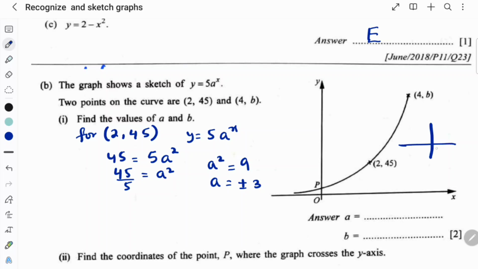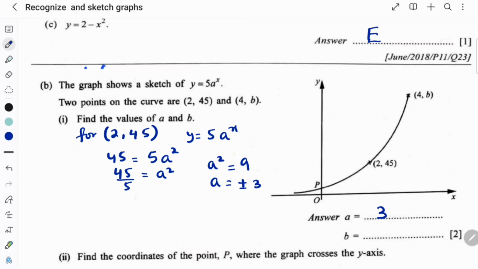I'm explaining each and everything. Then, for example, it will be from this side, origin x and y. But the graph shows that a is positive, so that's why we don't keep a is plus minus 3, that is only plus 3. Okay, alright, so now we found the value of a.